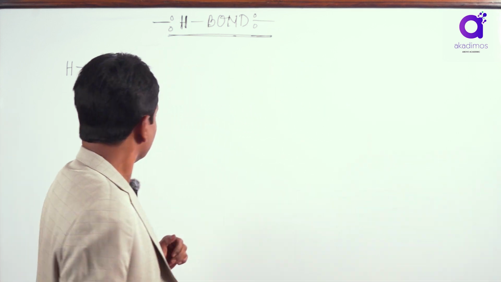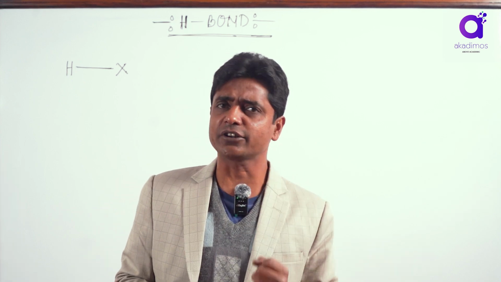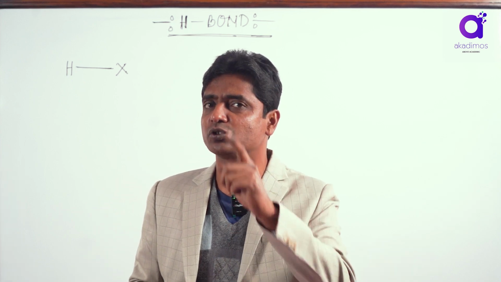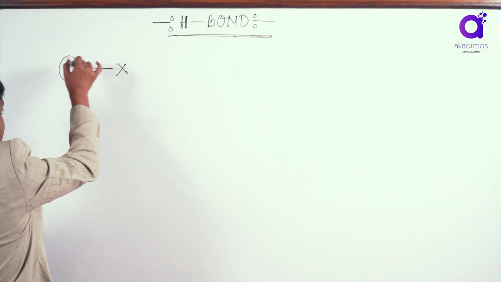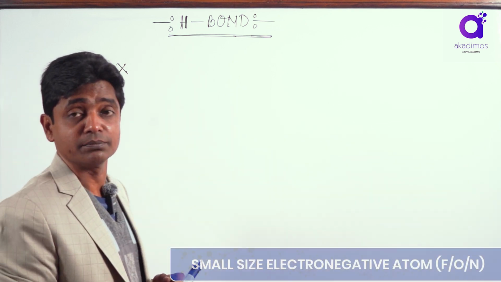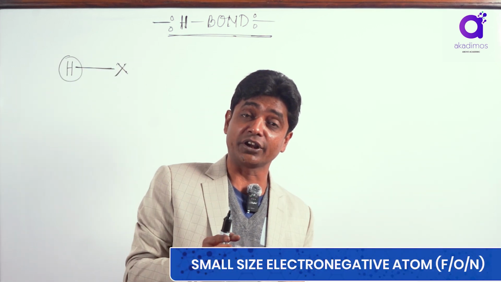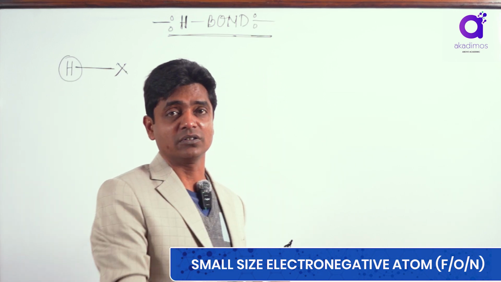See, in which condition a hydrogen atom will form a hydrogen bond, that you have to know first. When a hydrogen atom is attached to a small size electronegative atom. Remember, small size electronegative atom. Later I will discuss why the size is small.